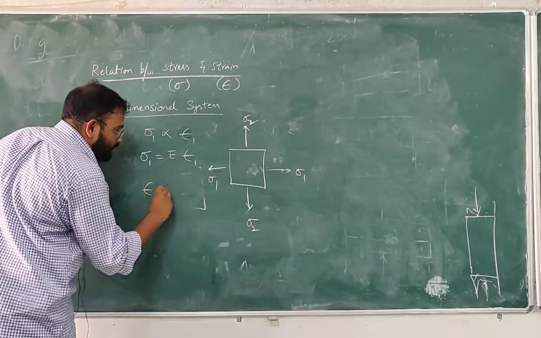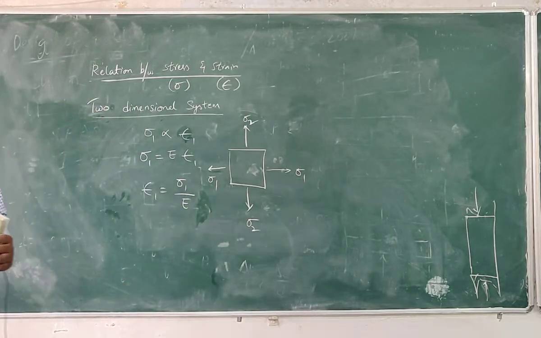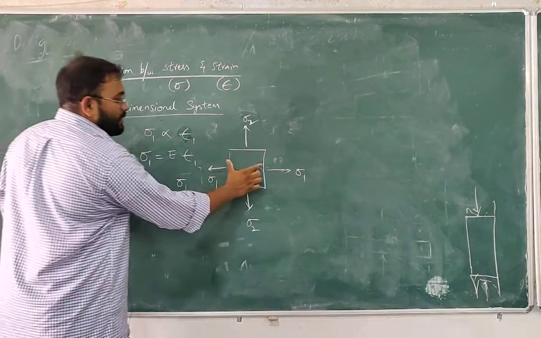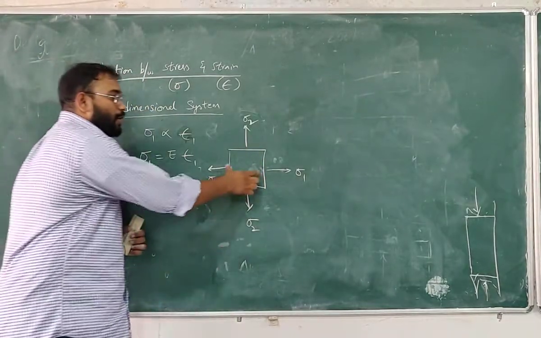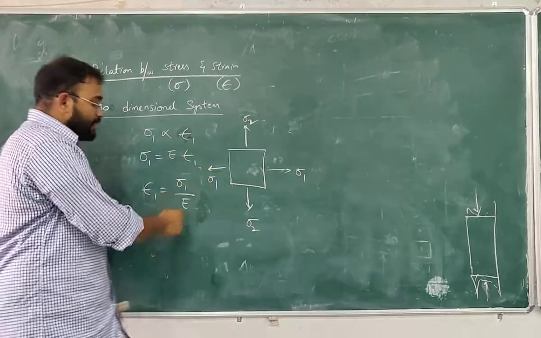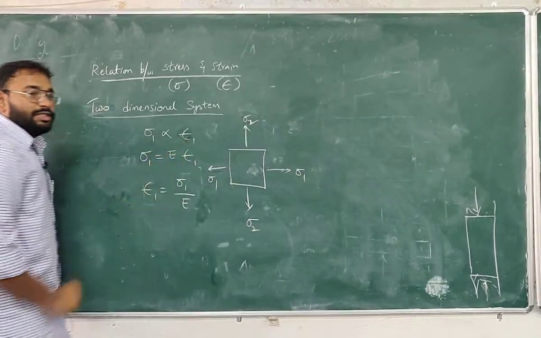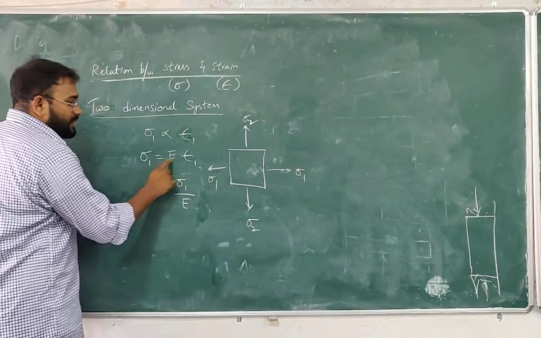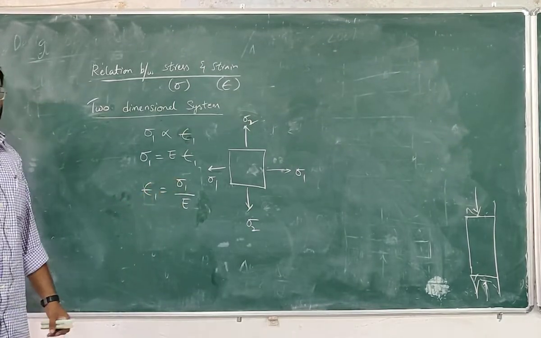Epsilon 1 is equal to sigma 1 by E. We will not have E1 or E2. Why? Because E is a property of the body, right? It is Young's modulus of the body, Young's modulus of steel. It won't change in another direction, so it will remain same. Sigma 1 is directly proportional to epsilon 1. Sigma 1 is equal to E times epsilon 1, or epsilon 1 is sigma 1 by E.